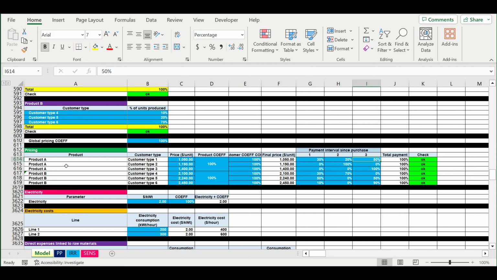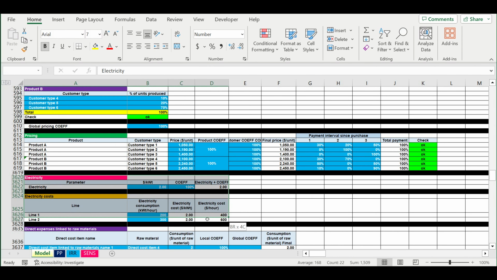Another example, we sold product A for customer type 2 today, but this month he paid us nothing, but next month he paid us 100%. This payment algorithm is very important for the model because payment displacement may cause operating losses which will affect total financing needed for the project.